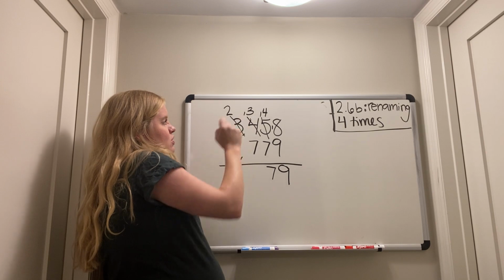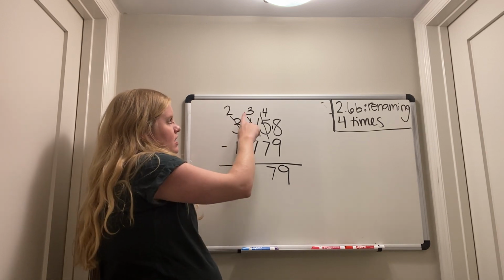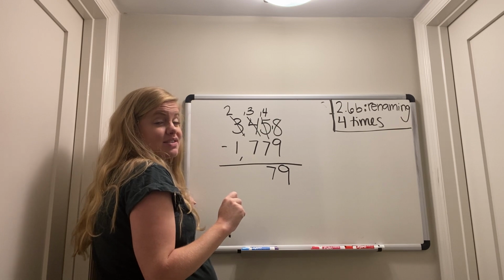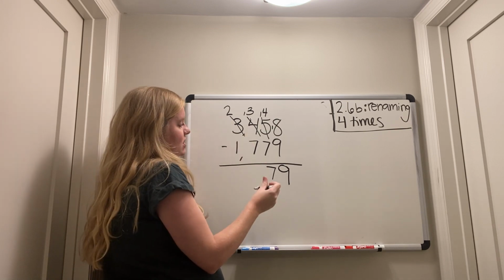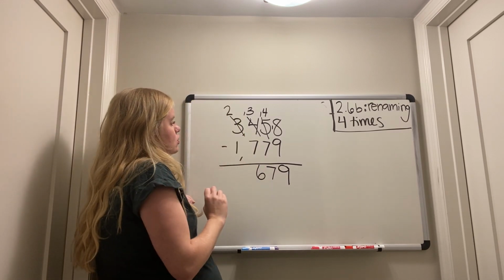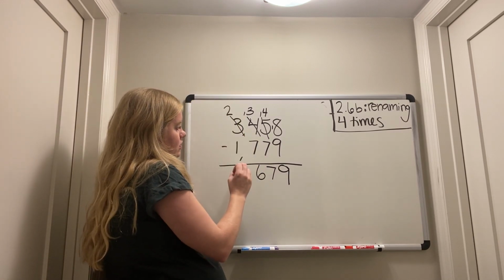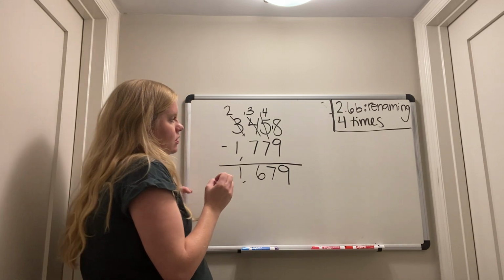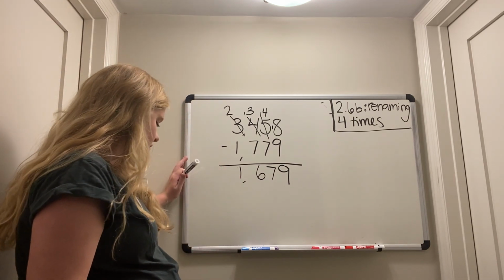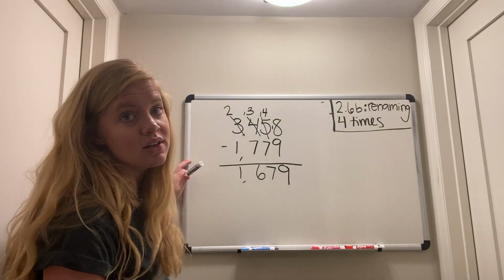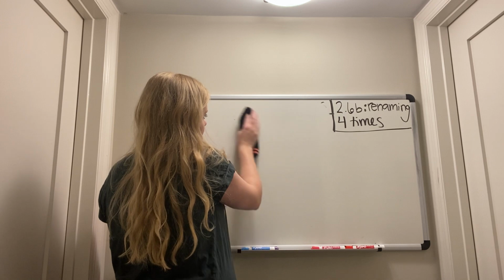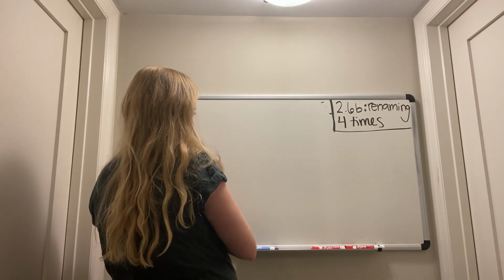This 300 becomes a 1,300. 1,300 minus 700 is, 13 minus 7 is 6. Okay. 2 minus 1, 1,000. So our answer here is 1,679.